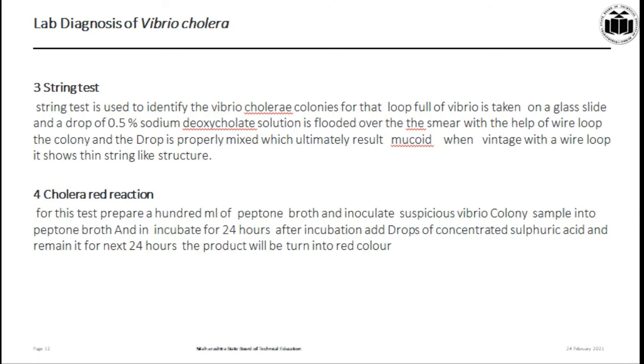The next test used to determine cholera is the cholera red reaction, where a 24 hour peptone broth inoculated suspension, if you add a drop of sulfuric acid, turns red. That means the given strain is a Vibrio.